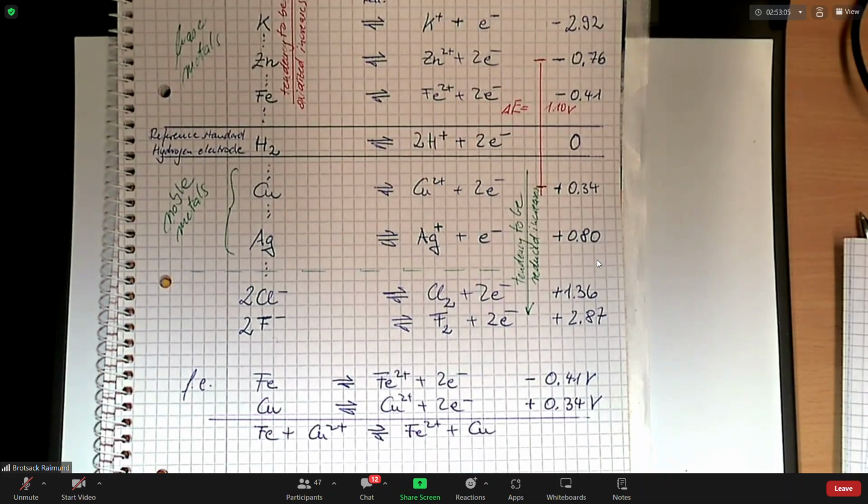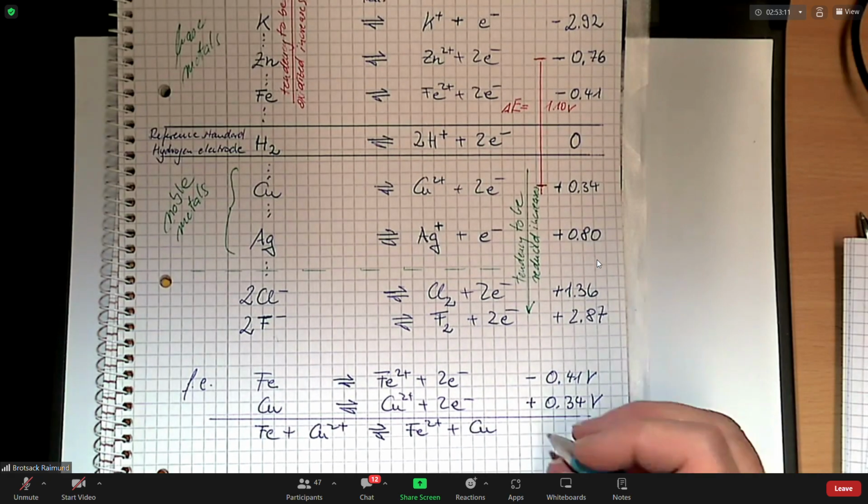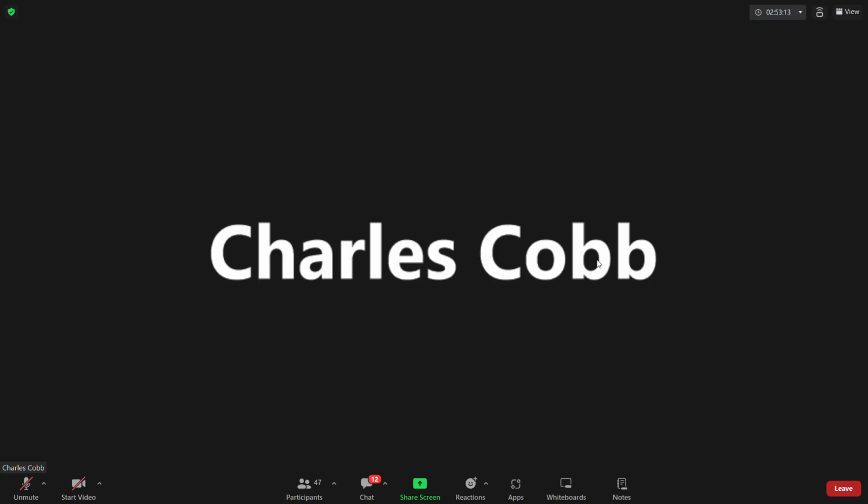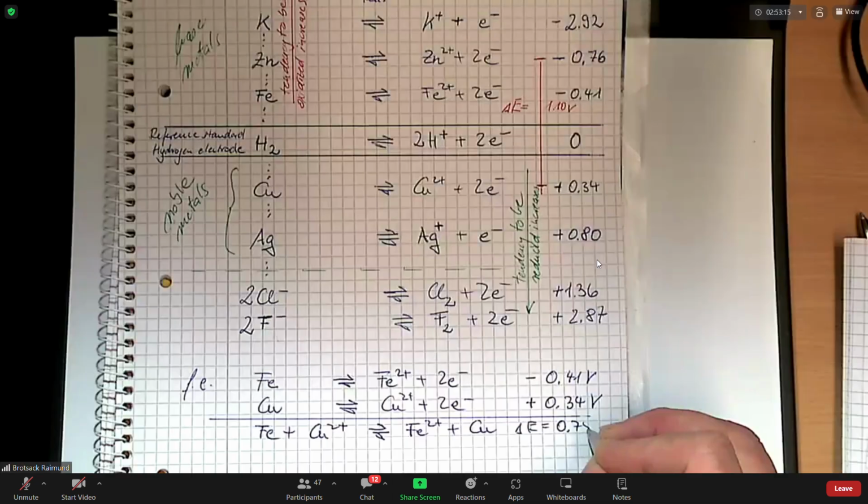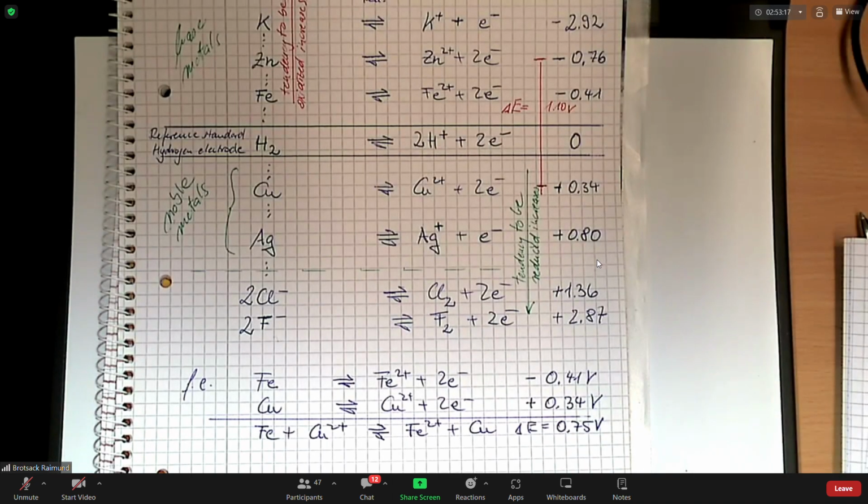And what's the potential of the overall redox reaction? Yes, the delta E is 0.75 volt. And that is exactly what we can measure in a setup as we had it in the Daniell element. Is that clear?